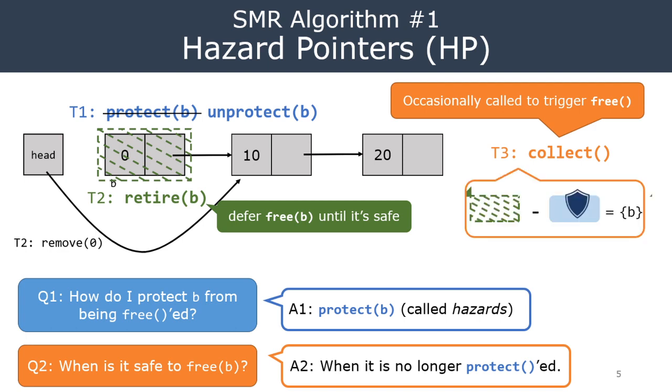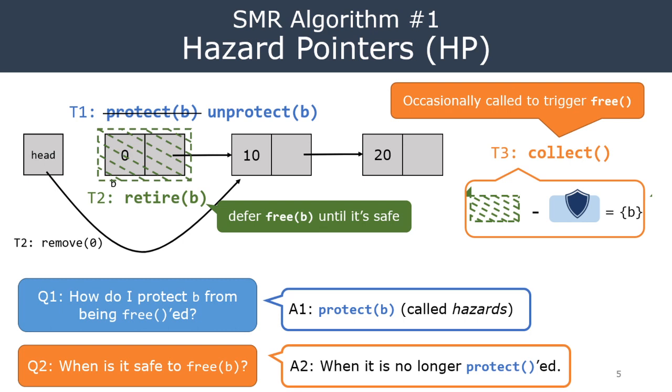So if you call collect again, then you can safely deallocate B because it is already retired, but it is no longer protected by the thread T1. T1 called unprotect on B, which means that the block B is no longer necessary to it.